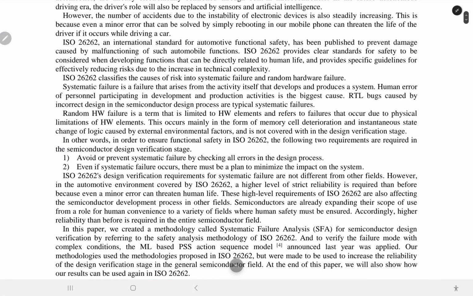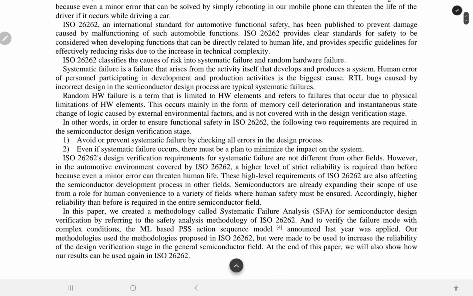In other words, in order to ensure functional safety in ISO 26262, the following two requirements are required in the semiconductor design verification stage. The first one, avoid or prevent systematic failure by checking all errors in the design process. Number two, even if systematic failure occurs, there must be a plan to minimize the impact on the system.